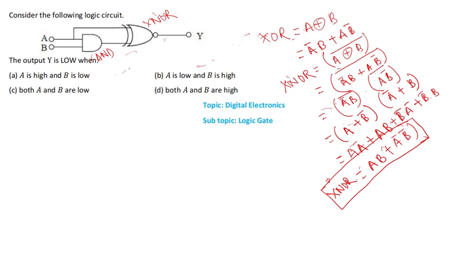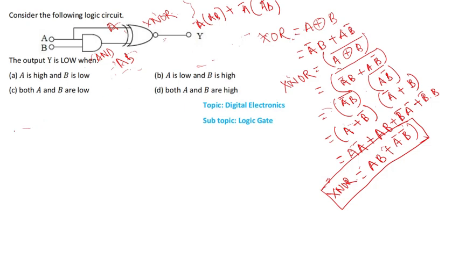Here we have one AND gate, so from here the output will be AB. And here we have A coming from this portion. So the output will be A into AB plus A bar into AB bar, right?